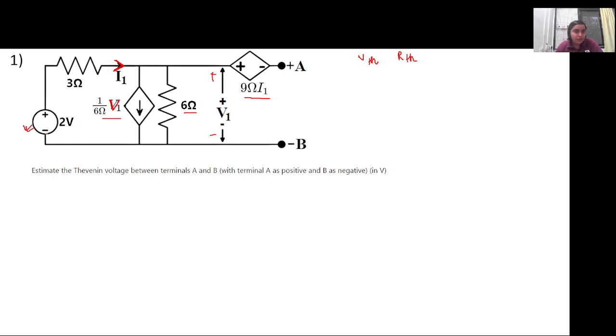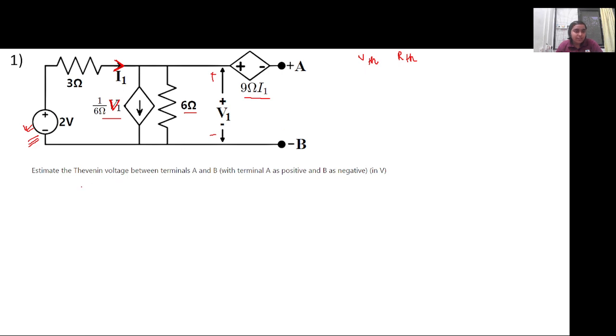So voltage source goes to a short circuit. But in case of dependent sources, we will keep the sources as they are, and only the independent sources will be replaced by their internal resistance, and that's how it is calculated. We'll see it eventually in one of the problems.